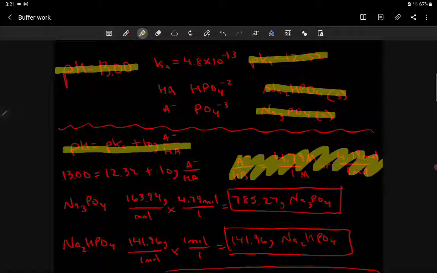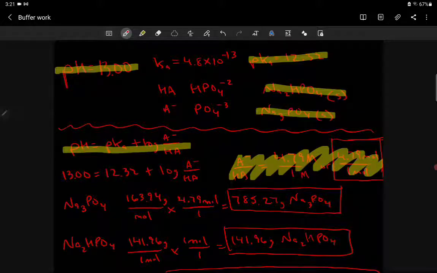But because they're in the same beaker, they're going to be in the same volumes. So it doesn't matter if it's molarity or moles. I think for mathematical purposes, it might be a little bit easier to think about this in terms of moles. Okay, it's up to you.